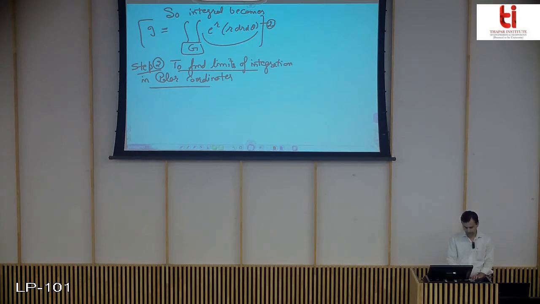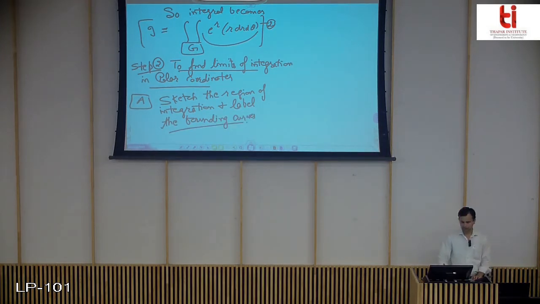We first have to sketch the region, which we can do easily in Cartesian coordinates. So the first step is to sketch the region of integration and label the bounding curve. This is the first step we have to do.